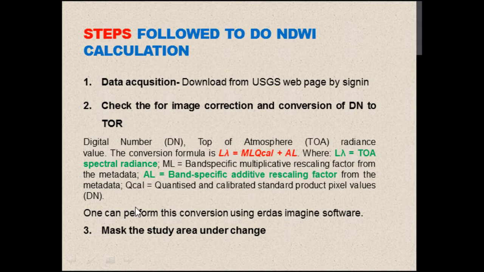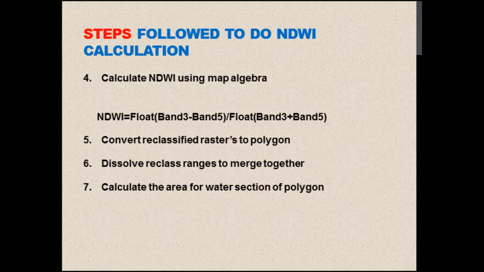The third one is I need to mask the study area under change, that is the lake. I need to prepare a mask map for my lake. So after I mask my area, I need to calculate NDWI using map algebra.